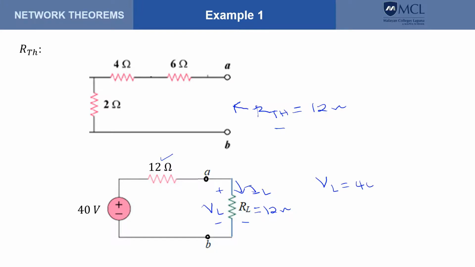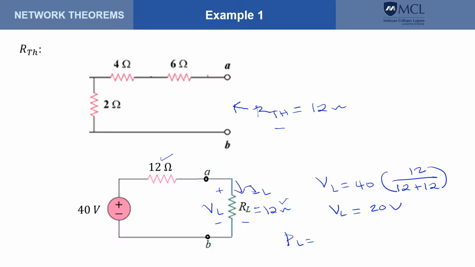So this is 40 volts times a factor, which is 12 over 12 plus the total resistance, and that should give us VL equals 20 volts. We can get PL using V squared over R.